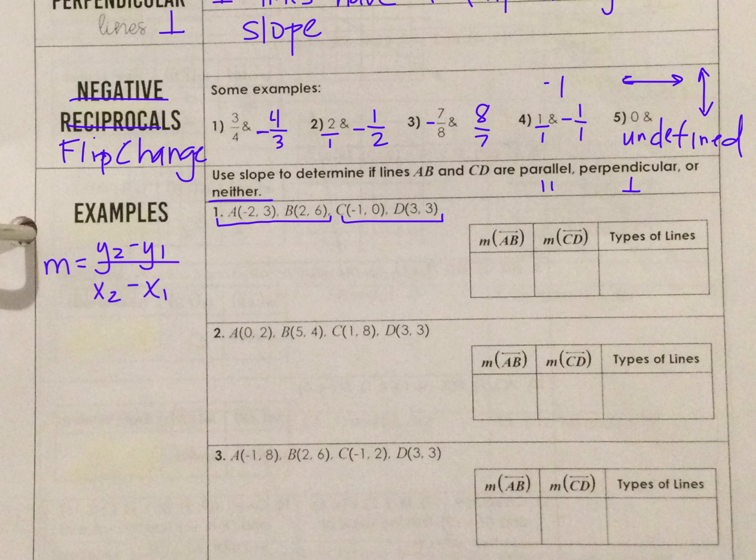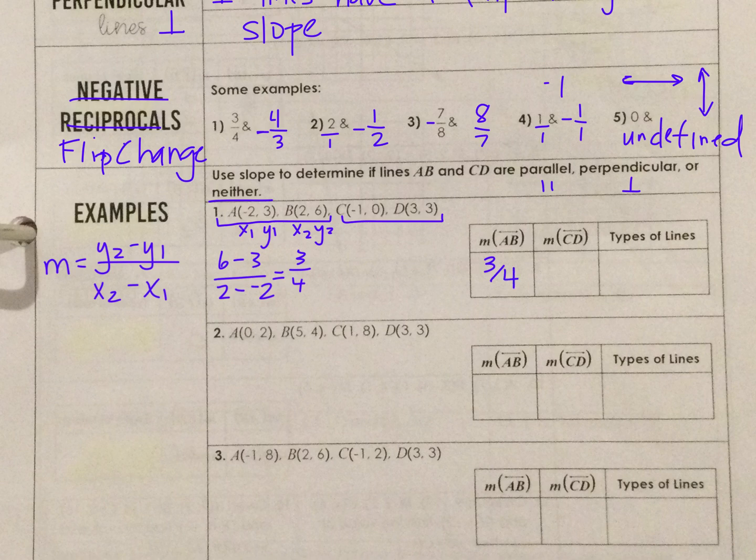So x1, y1, x2, y2. y2, 6, minus y1, 3, divided by x2 is a 2, minus x1 is a -2. When you type that in just your regular calculator, it tells you that the slope is 3/4.